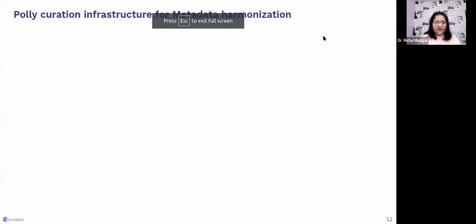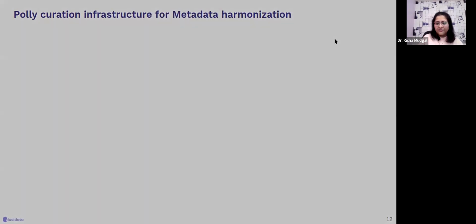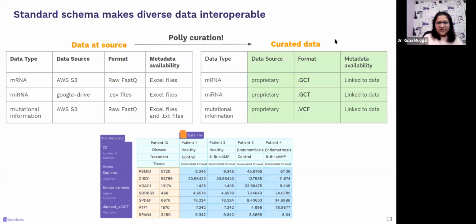Moving on from the Polycuration infrastructure that we have, another key step that we follow is putting the data in a standard schema format. For the case at hand, the data that we received from the customers covered different data types.